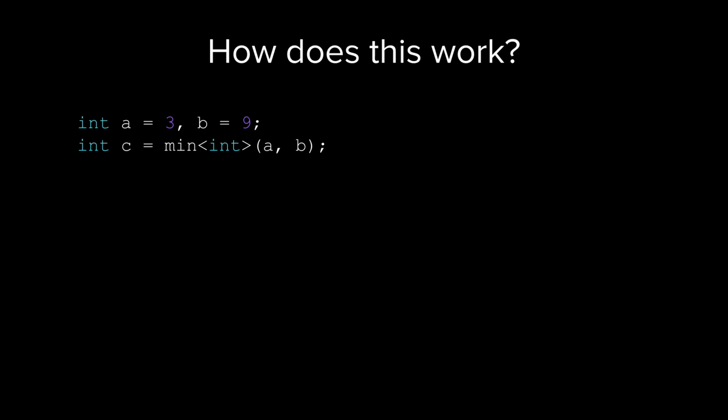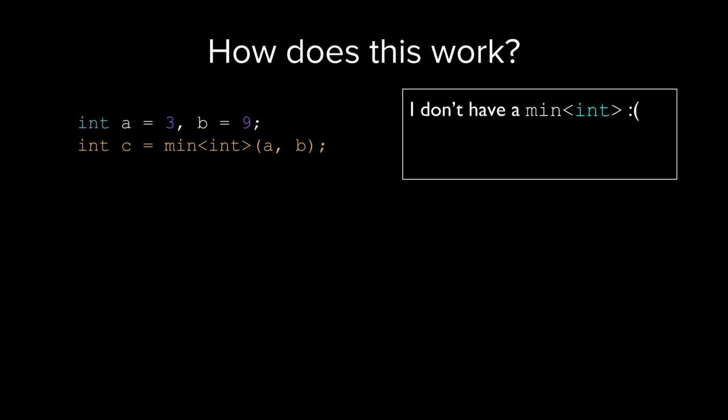And how this literally works, which is an interesting question too, is that let's say you're the compiler and you're looking at this code. You're on this line, you say, okay, the user declared two ints, an int a equals 3 and a b equals 9. That's fine, I can do that. And then the compiler gets to this line and it says, I don't have a min int function. No one ever defined a min int function anywhere.